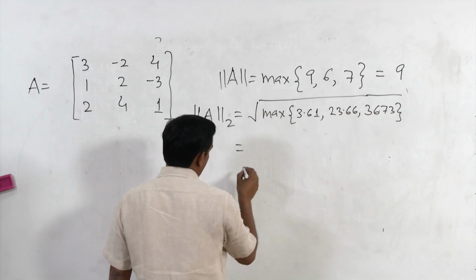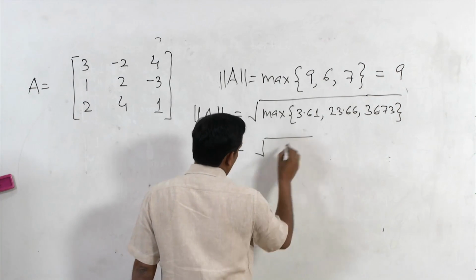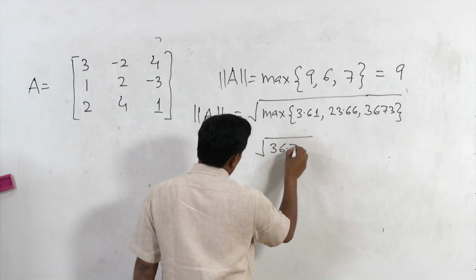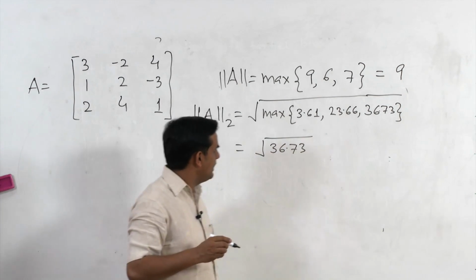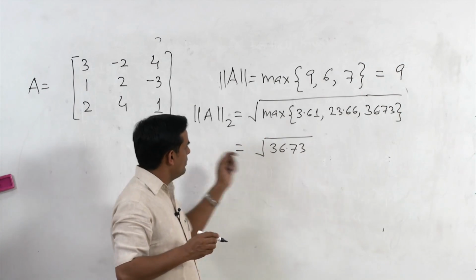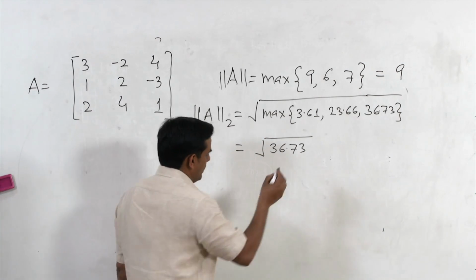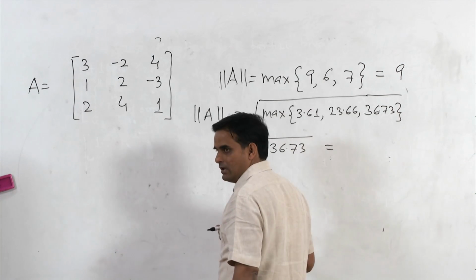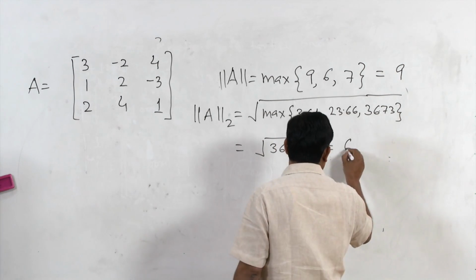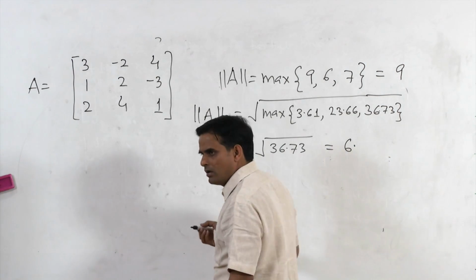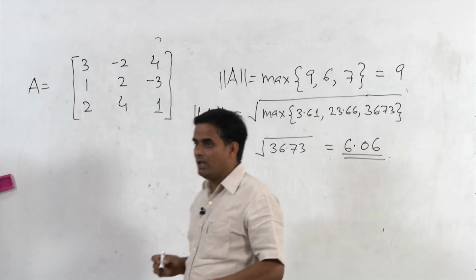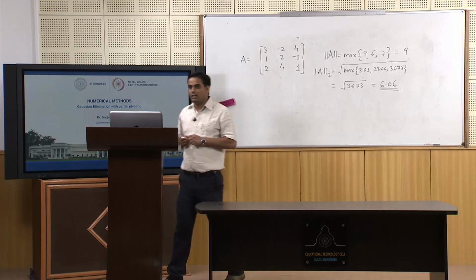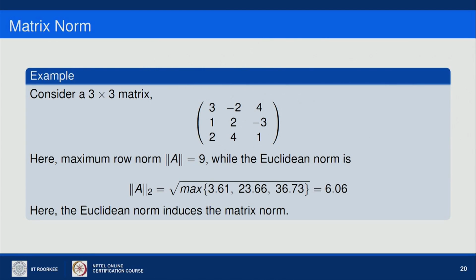So, it means square root of 36.73, which is maximum among these 3 eigenvalues of A transpose A, and this is coming out as 6.06. So, here you can see the Euclidean norm induces the matrix norm.